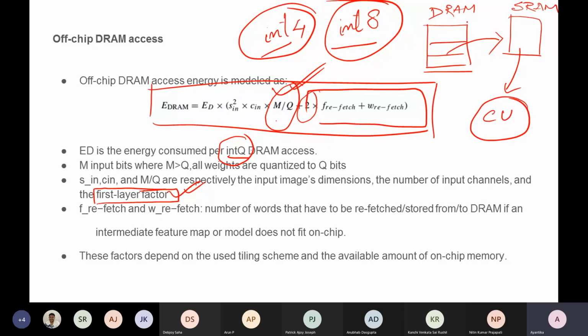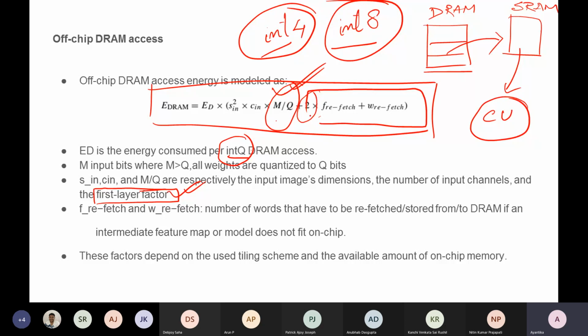Now here we are only considering one-time storing and accessing of data. That's why we have considered this two, that twice we are just fetching. This is for that application, or that first initial level, that may be 2, but if you are doing multiple refetch, this 2 will change.